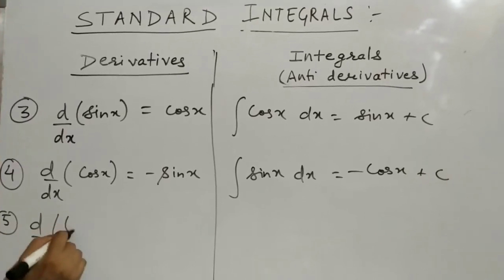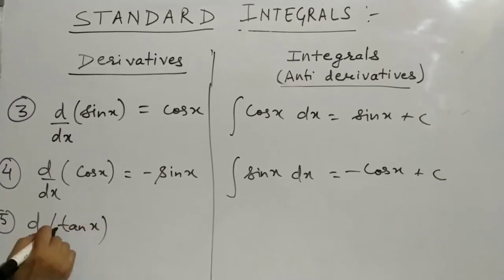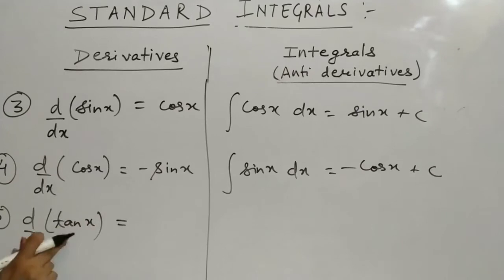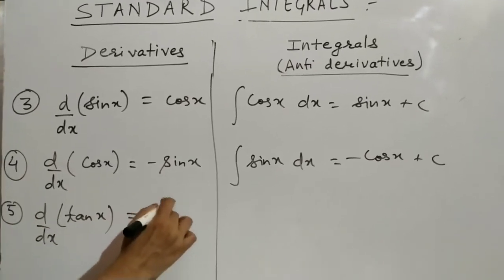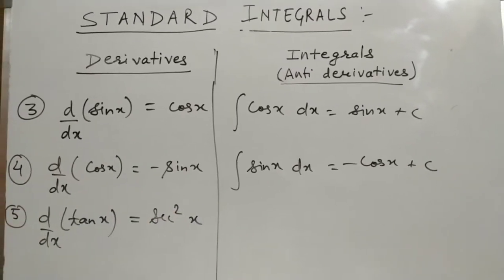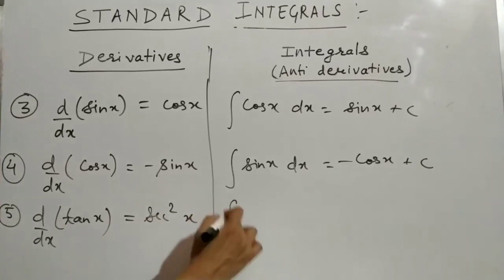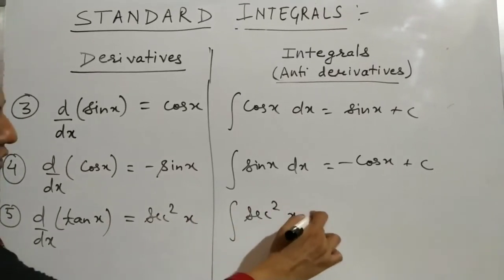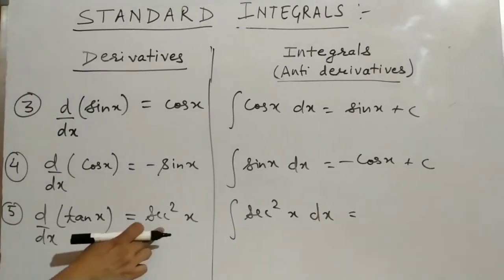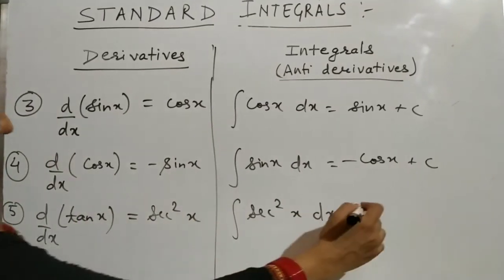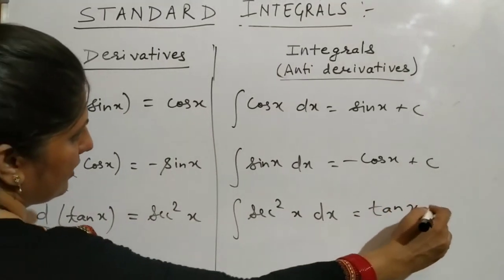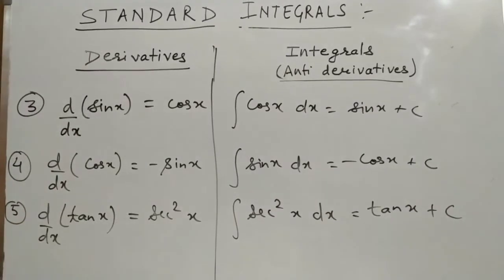Derivative of tangent x with respect to x is equal to secant square x. That implies integration of secant square x is equal to tangent x plus c.